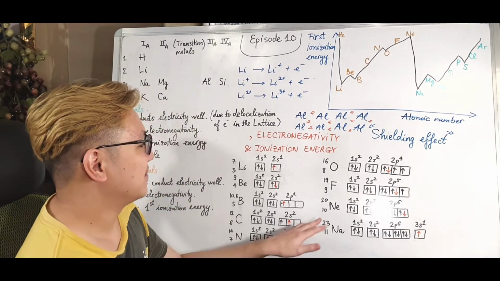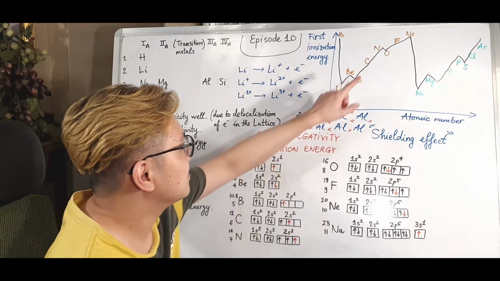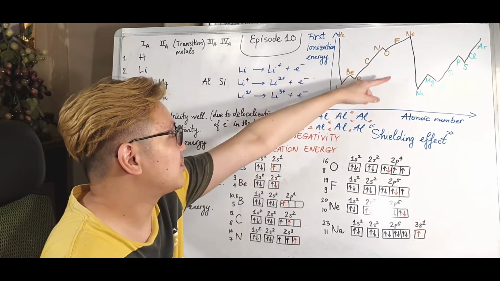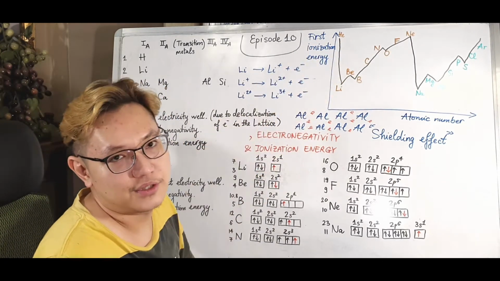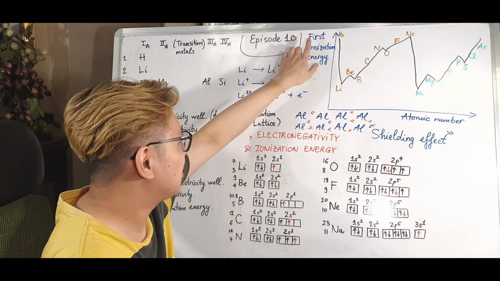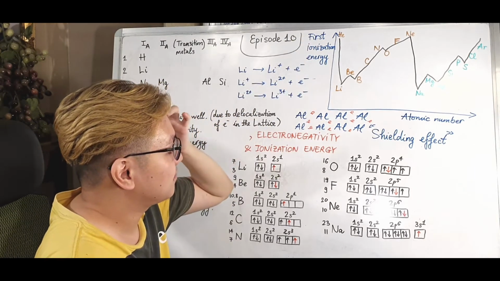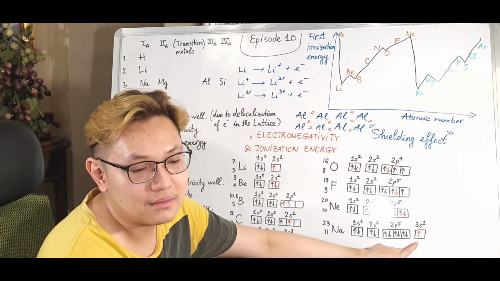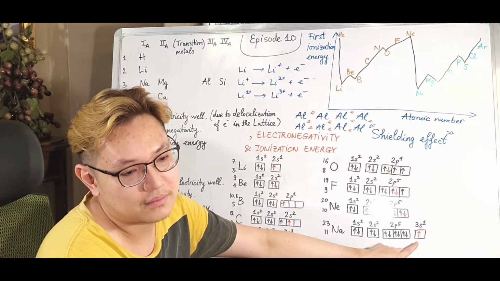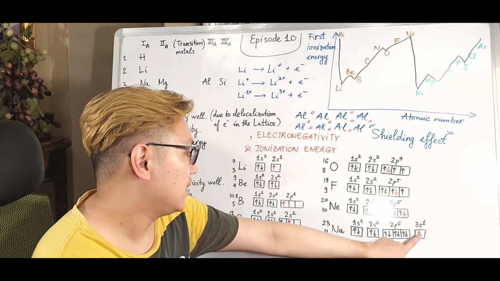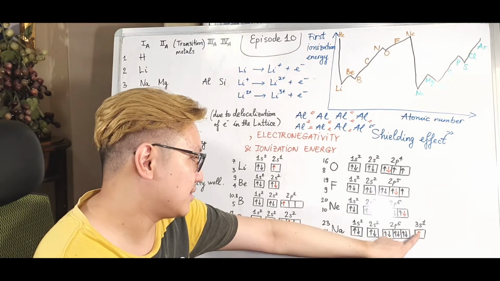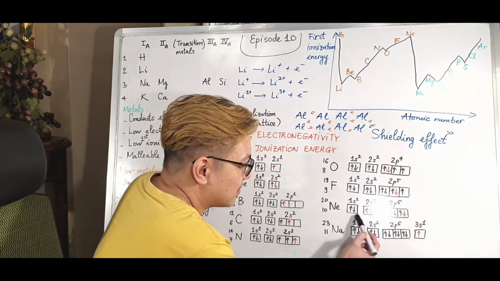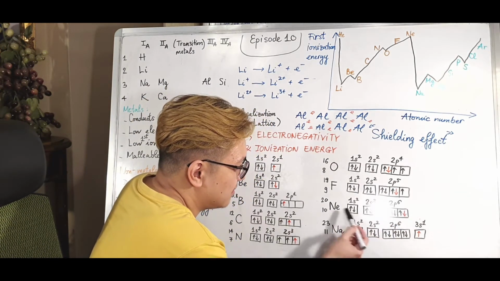Alright, so when you go from neon to sodium, why the huge drop in first ionization energy? Because now sodium has a very lonely 3s1 half-filled subshell, and it's very easy to remove this electron, so it goes back into the configuration of the noble gas neon.